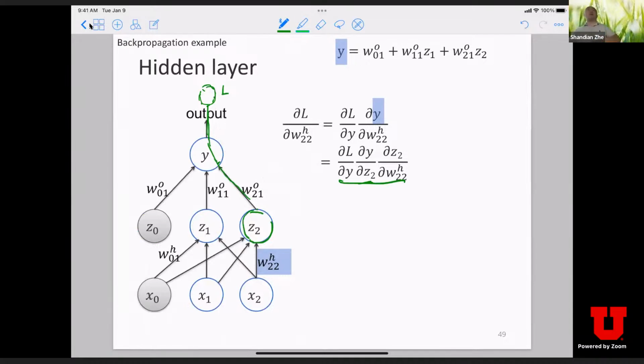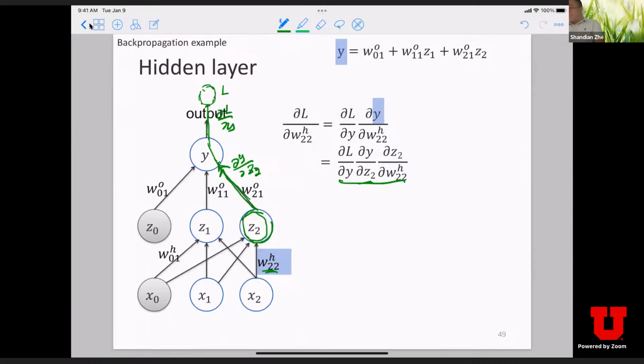As we mentioned, to apply the chain rule, we just multiply the partial derivatives along that path. The partial derivative on this edge will be partial L over partial Y. The partial derivative on the edge connecting Z2 to Y will be partial Y over partial Z2. And finally, we compute partial Z2 over partial W22H.